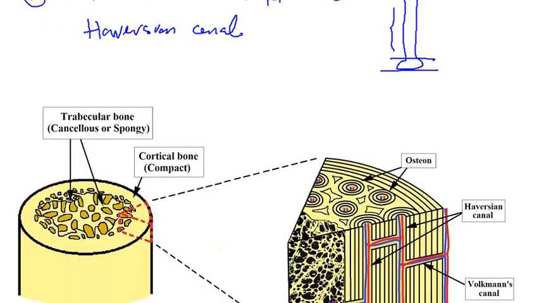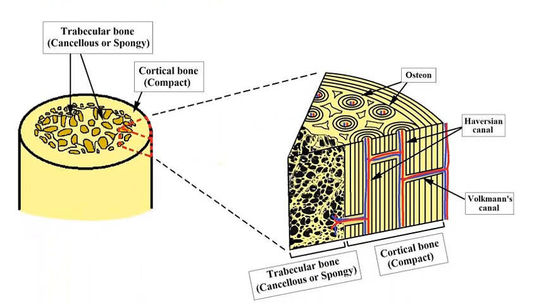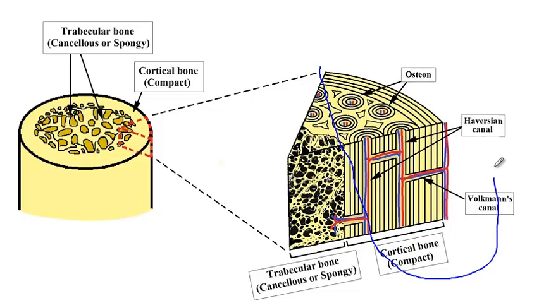So here I can show you a structure of a compact bone. We have a compact bone on the outside of this image, and you can see that it's made of the Haversian canals that have vessels and nerves. And these central canals are interconnected with each other by Volkmann's canals, which run perpendicular to the bone axis.